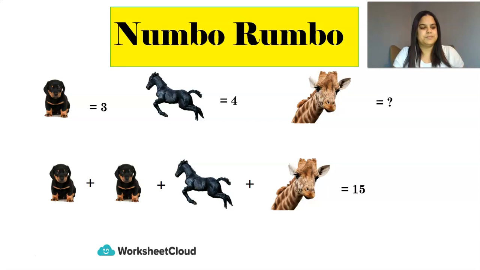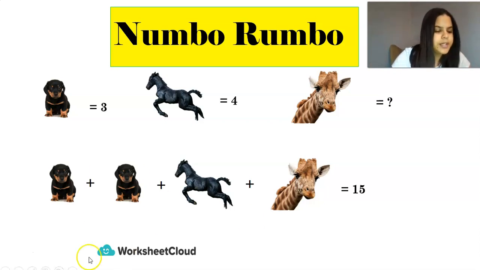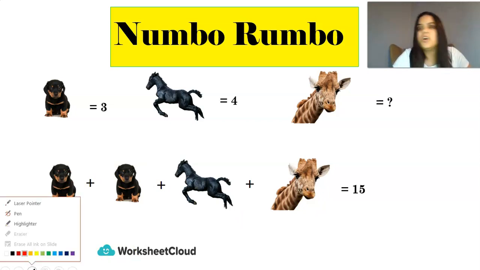You don't need to use a pen or a pencil if you don't want to, but I'm going to take out my pen, grade 3s, and I'm going to work out what this answer could be.